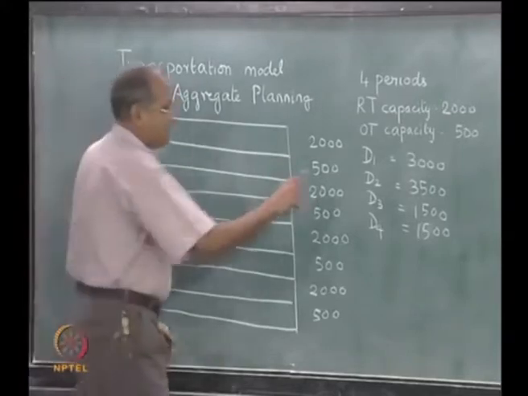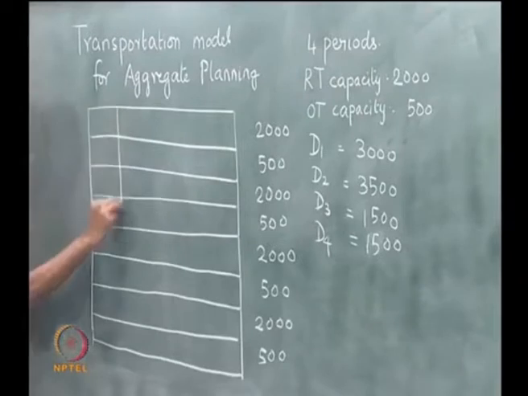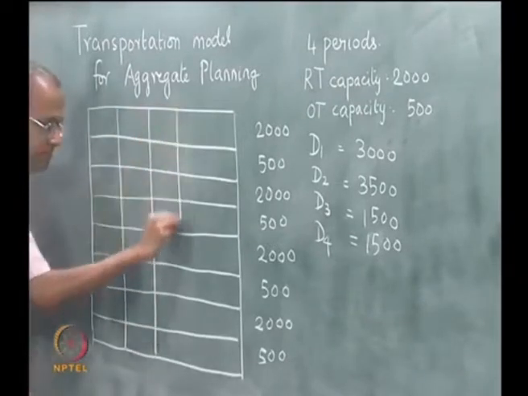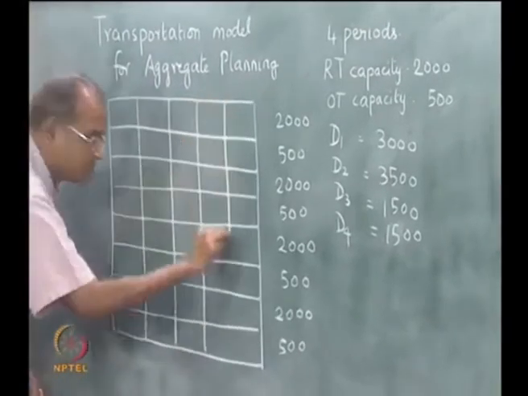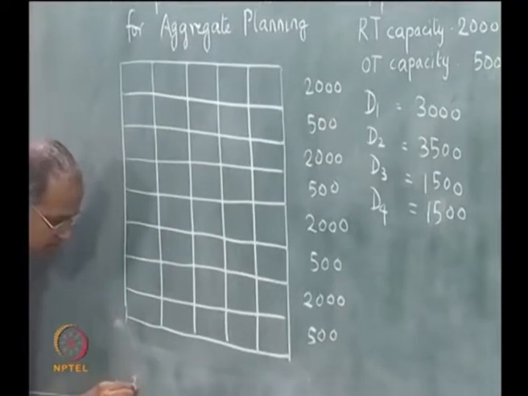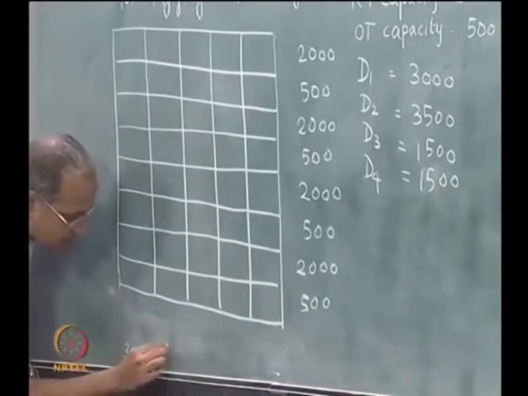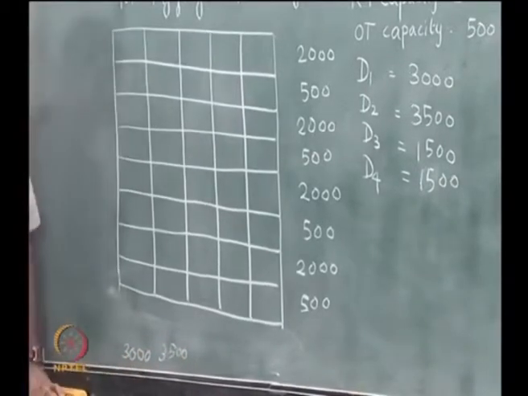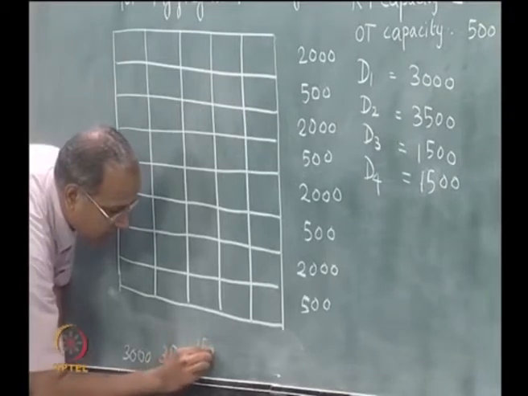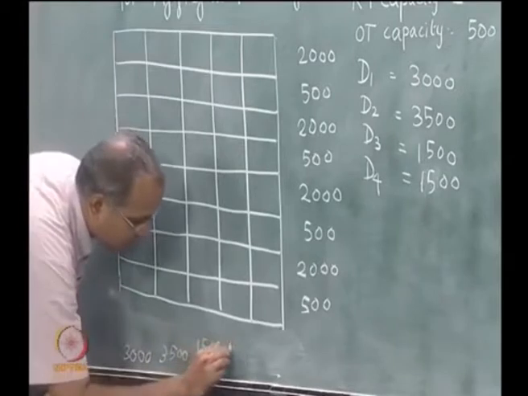Now we have to meet the demand of these 4 months with these capacities. So we start drawing the 4 demand columns. The first period demand is 3000, second period demand is 3500, third period demand is 1500, and the fourth period demand is 1500.